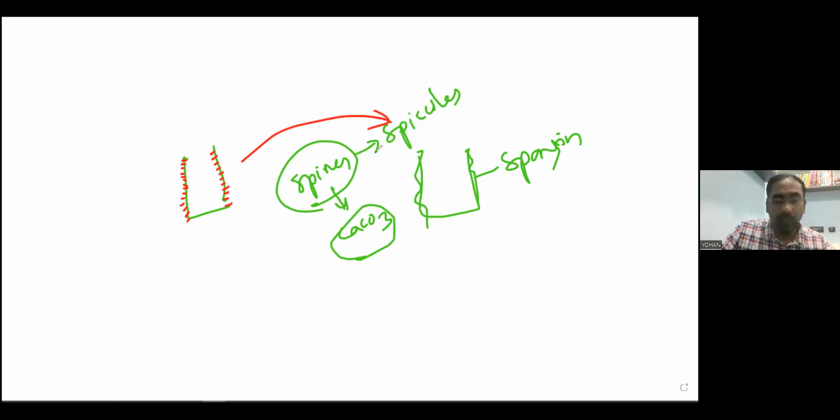As this structure gives support, it is called the skeleton. In some sponges, the skeleton constitutes fibers made up of spongin, so the name given is spongin fibers.